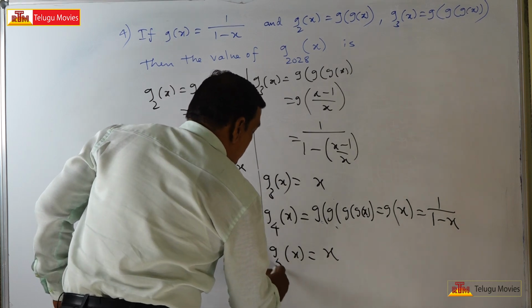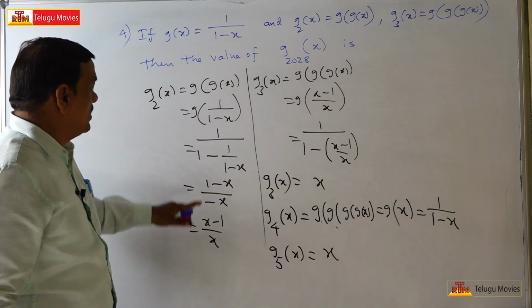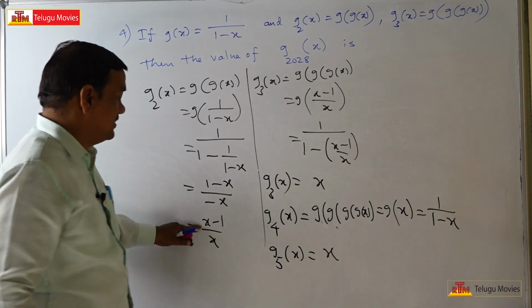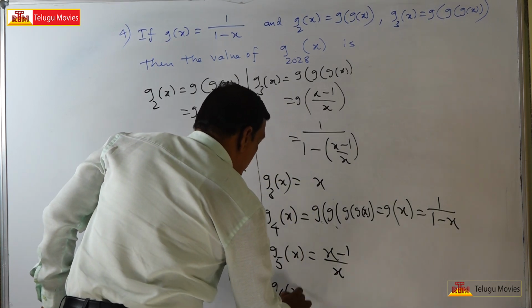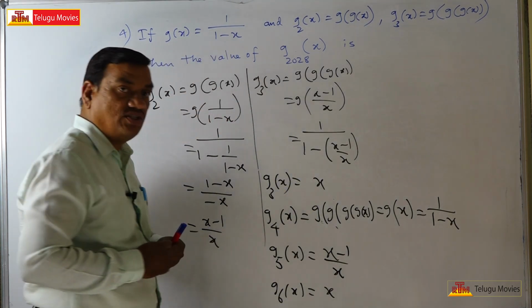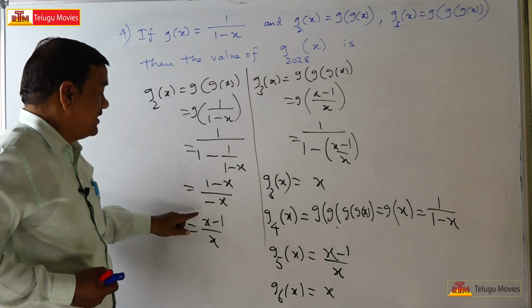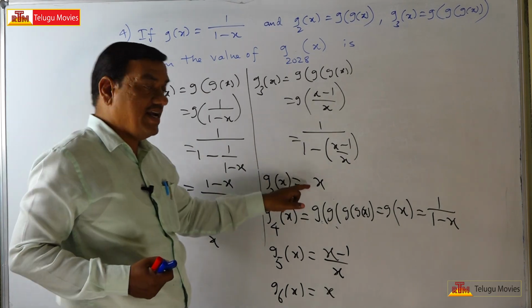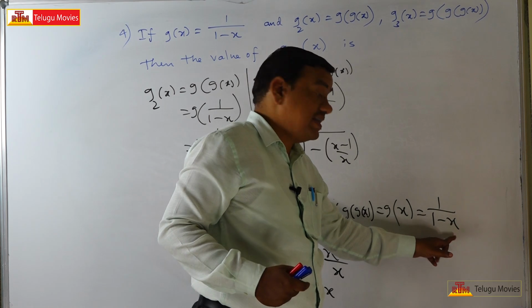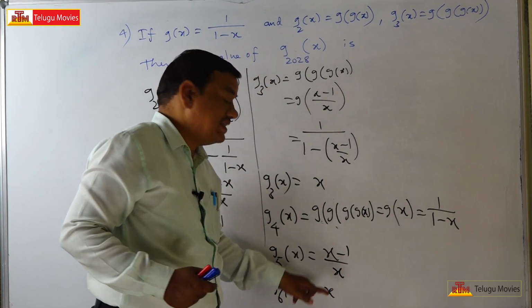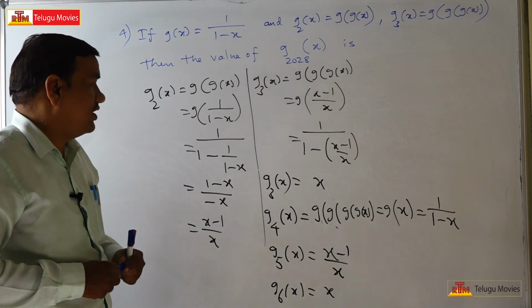What do you observe here? 1 by 1 minus x, next x minus 1 by x, again x. One cycle is repeated. Again 1 by 1 minus x, x minus 1 by x, again x. The repetition is continuous.